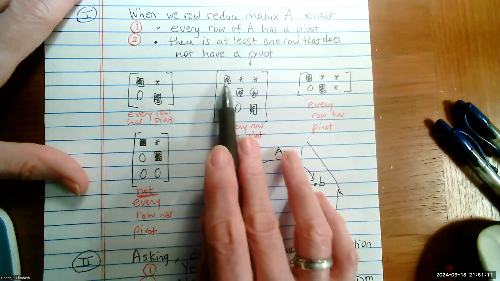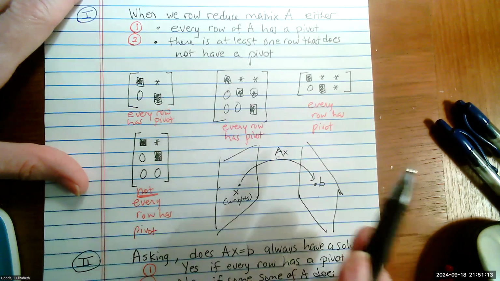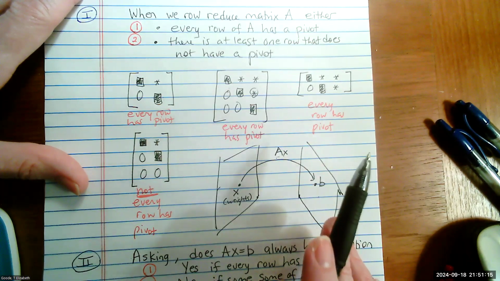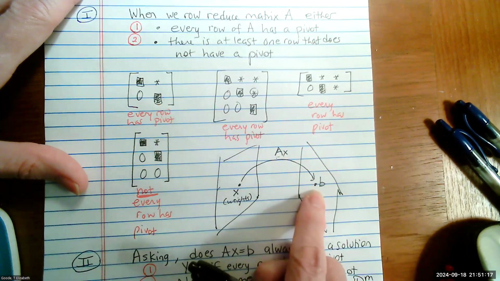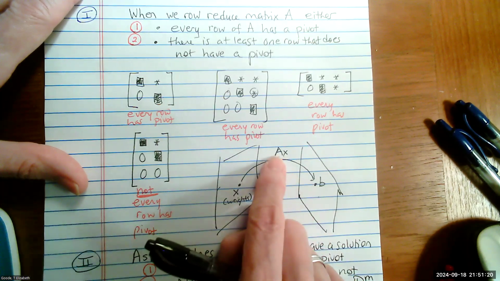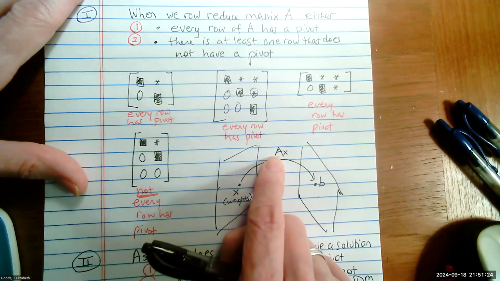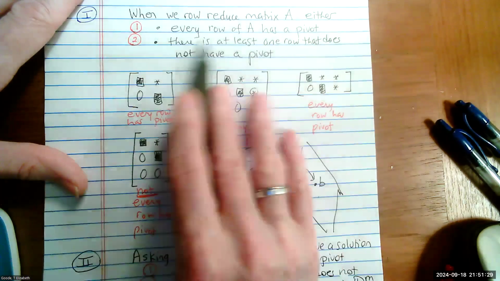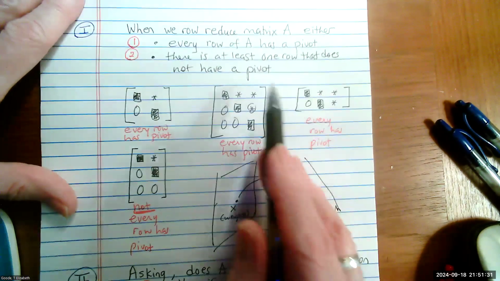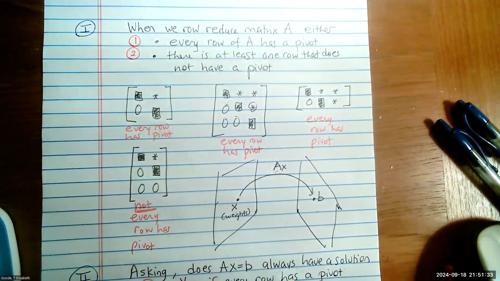Because if the columns of A aren't powerful enough, then there's going to be a B that you cannot generate using the columns of A. So when we do a row reduction, we're really measuring the generative power of the matrix A. In other words, we're taking a measure of how powerful those columns are.